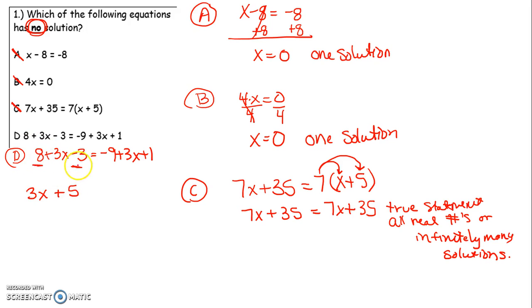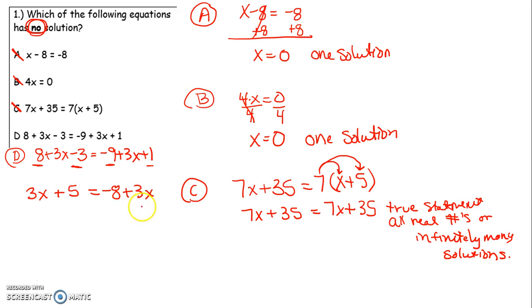I'm just putting my constants together. 8 minus 3 is 5 equals, if I look on this side, what can I put together here? Oh, negative 9 plus 1 would be a negative 8. So on this side, you can either write negative 8 plus 3x or 3x minus 8.